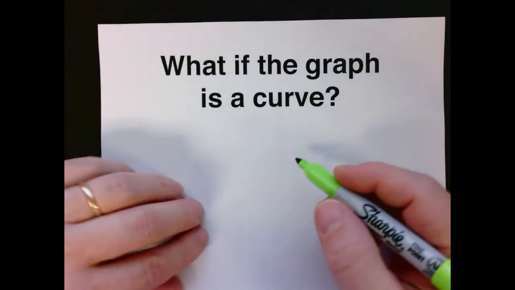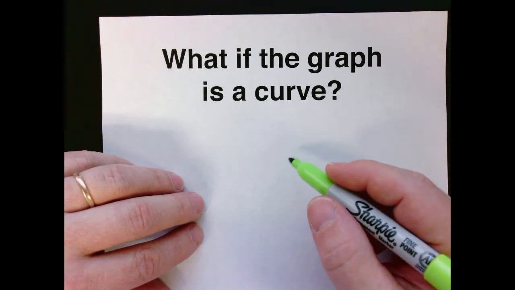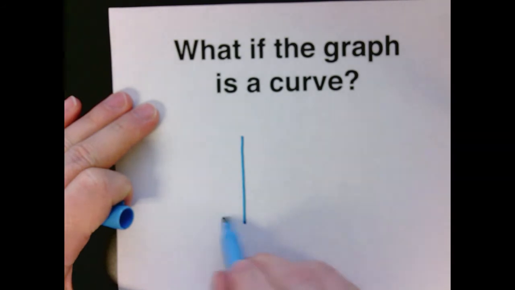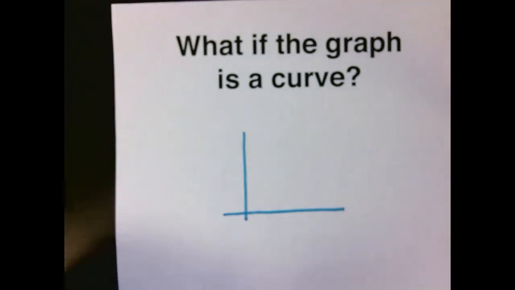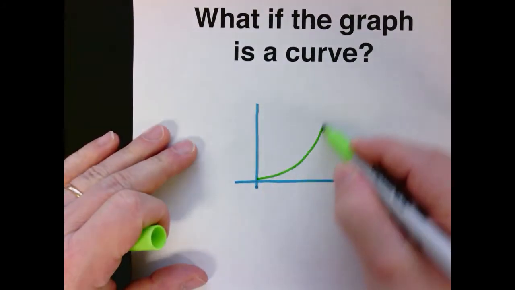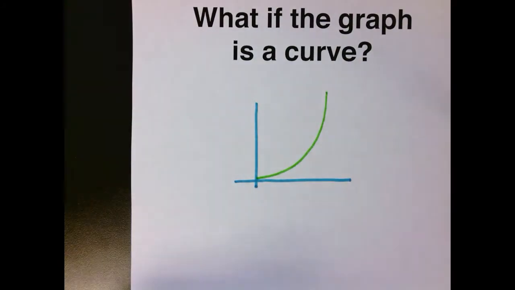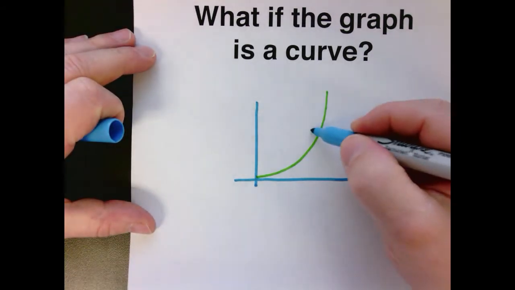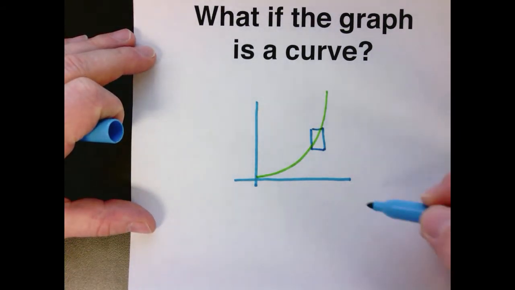So if the gradient is the velocity, what do we do when we have a graph that is a curve? Let's suppose it's a curve like a parabola. What we imagine is that we take a small segment like this and blow it up into a very large window.